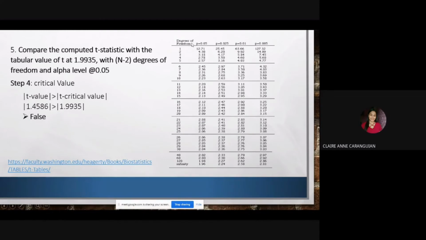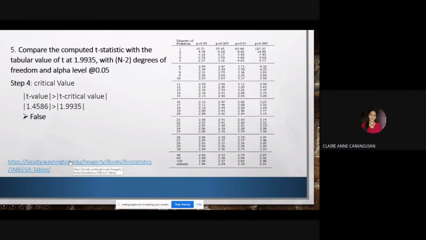So, degree of freedom, ito yung degree of freedom dito. Then, hanapin mo yung P or the alpha. P lang dito pero alpha sa atin. So, 0.25, 0.05 yun sa atin. So, dito tayo sa 0.05. Since walang 72 dito, click mo tong link na to, then makikita mo dun.